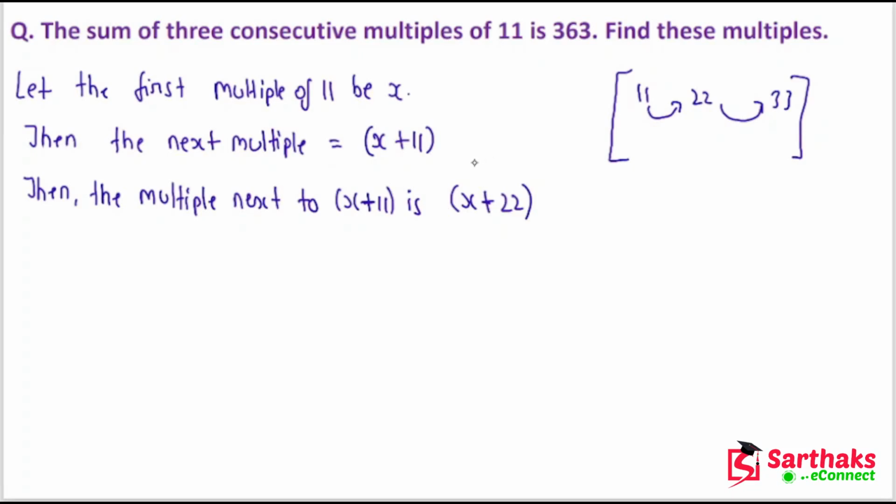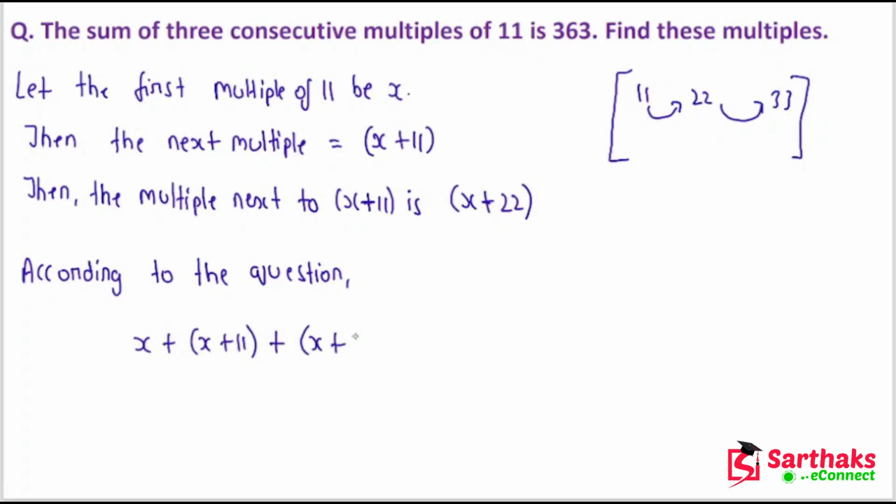Now the question says that the sum of these 3 multiples is 363. So according to the question, the sum of these multiples, that is x plus x plus 11 plus x plus 22, equals 363.